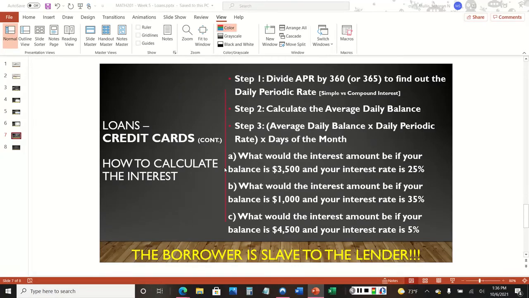So before we calculate the interest payments, we have to understand a few terms. The first term is the grace period. The normal billing cycle for a credit card can range between 28 to 31 days. So in February, the normal billing cycle is 28 days. Months with 31 days, it's 31 days. The due date for the monthly payment is no less than 21 days after the end of the billing cycle.